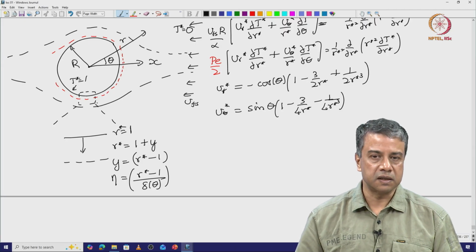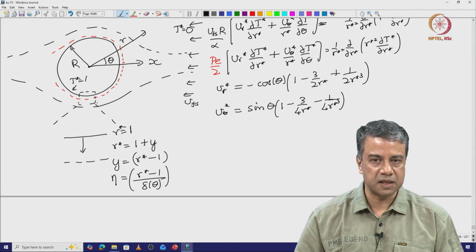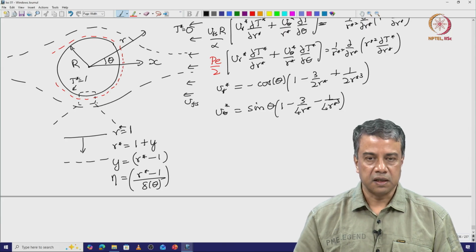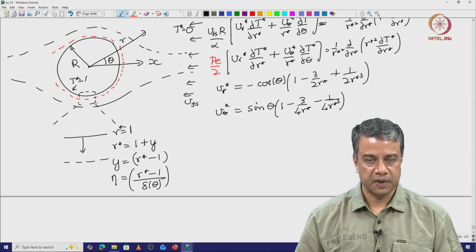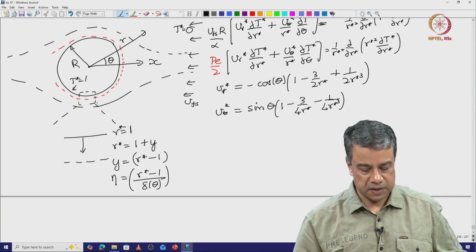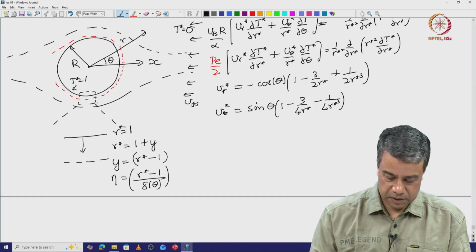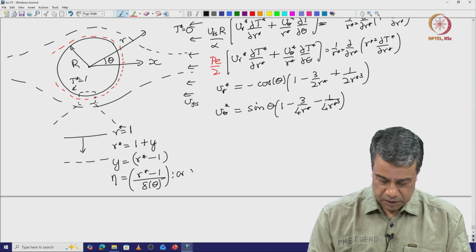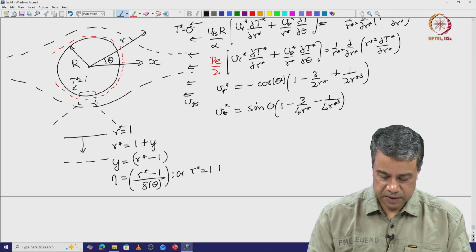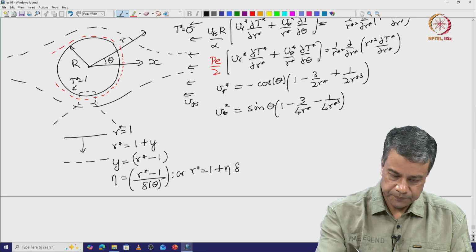Therefore, I had the similarity variable as z by delta of x. In this case, the cross stream coordinate is r star minus 1, and the boundary layer thickness is delta. Therefore, r star minus 1 is equal to eta times delta, or r star is equal to 1 plus eta delta.